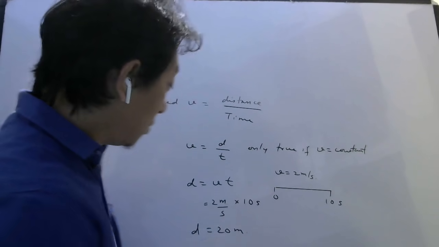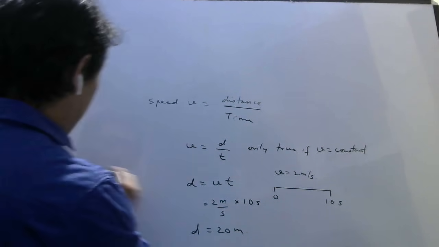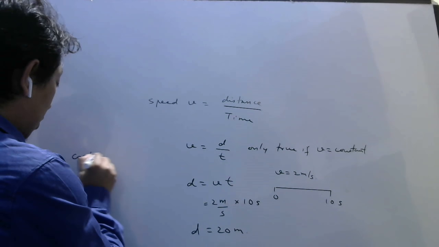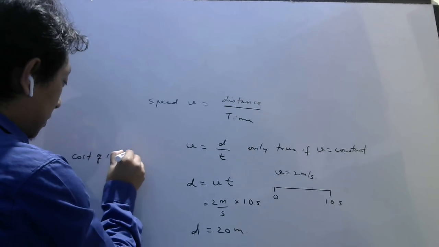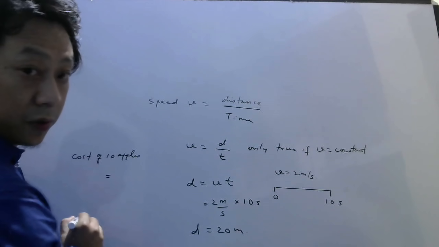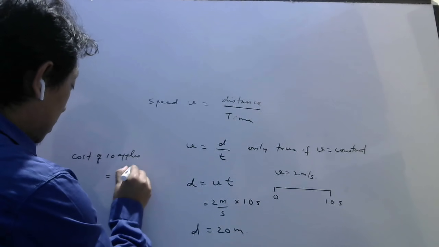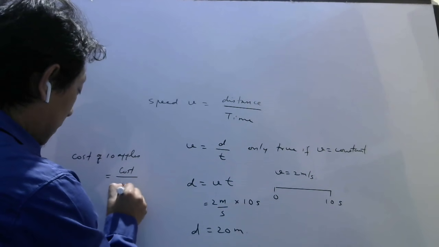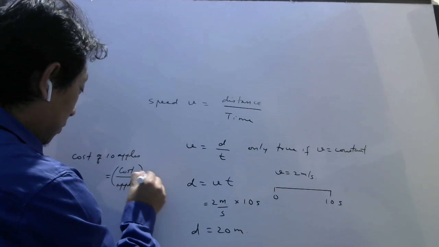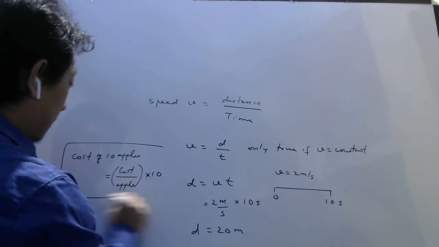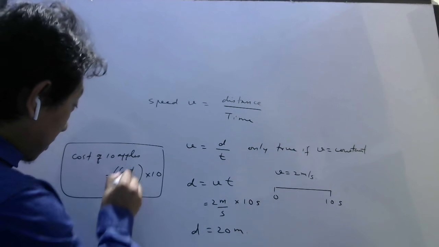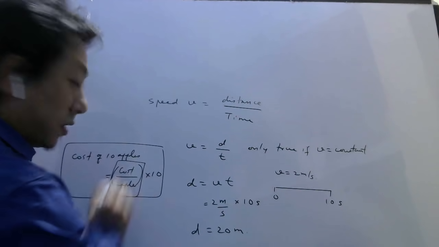Understood or not? So this is like saying, if I write cost of 10 apples equals cost per apple into 10, then what does it mean? It means this should be same for all the apples. Yes or no?